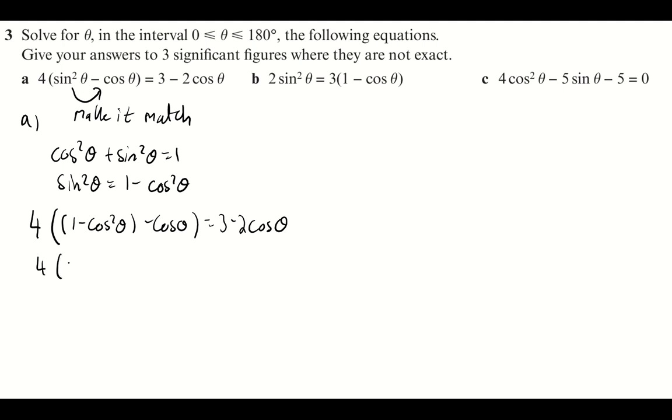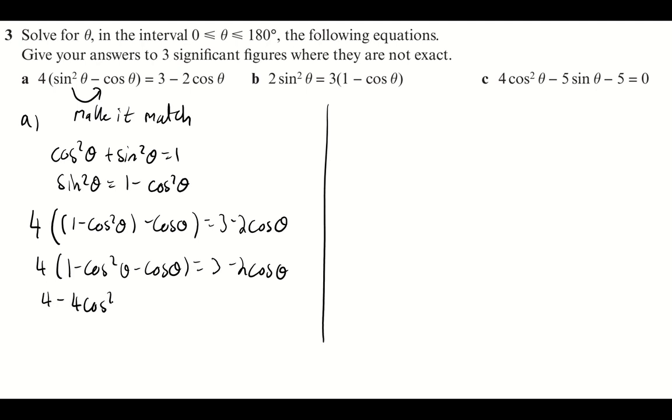So we've got 4, 1 minus cos squared minus cos is 3 minus 2 cos. We'll need to expand that, so 4 minus 4 cos squared minus 4 cos is 3 minus 2 cos. 0 is 4 cos squared plus 2 cos minus 1.